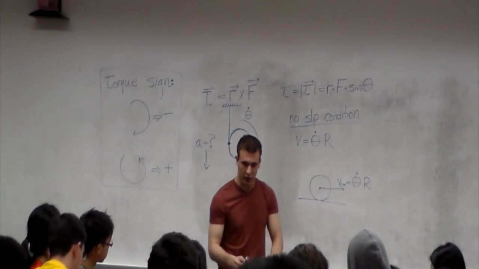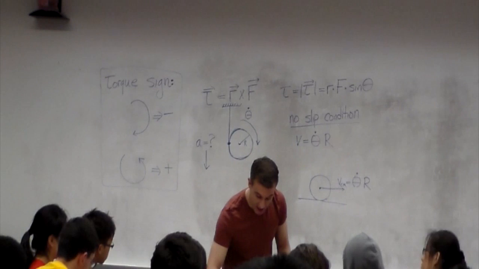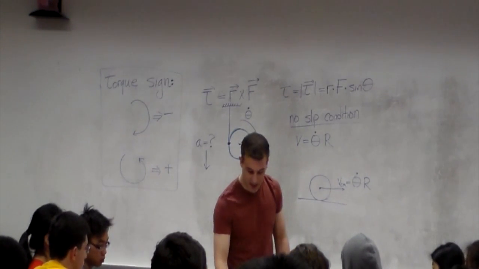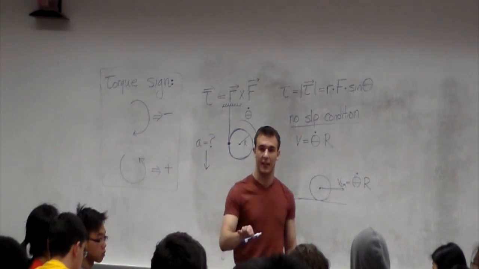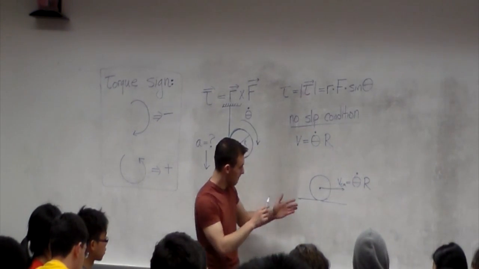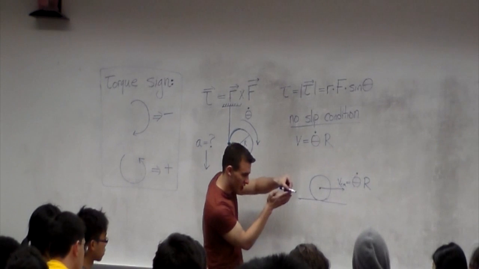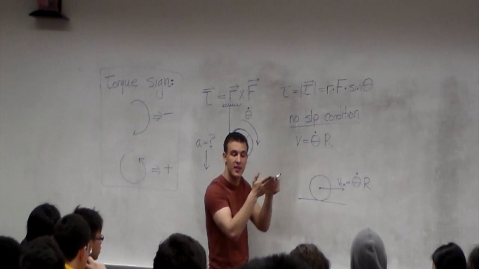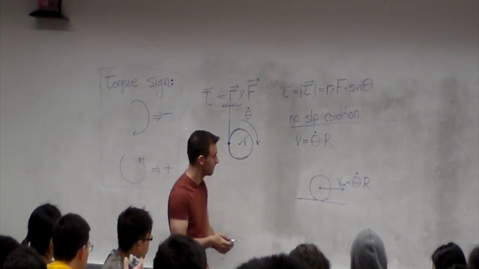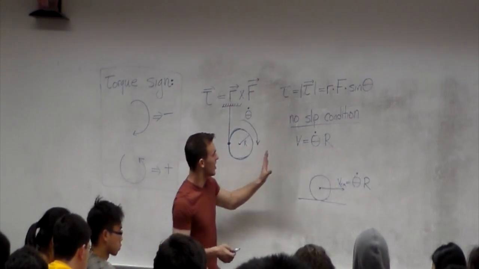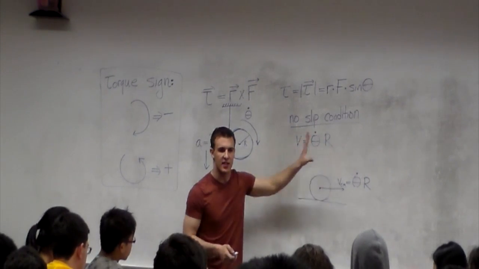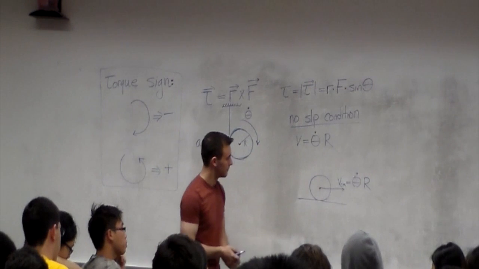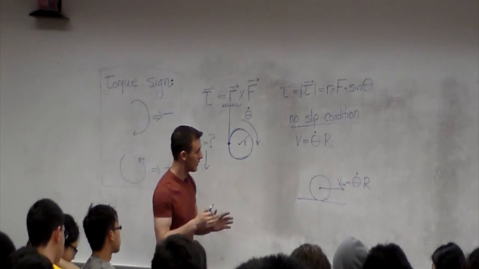Even if this thing is rolling across the table, if it's not sliding, then the frictional force between the table and the pen is still static, because instantaneously the bottom of the pen touching the table and the surface of the table are not sliding with respect to one another. So that's the difference between static and kinetic friction. Another way to say there's no slippage is to say the frictional force between the ground and the wheel is purely static.